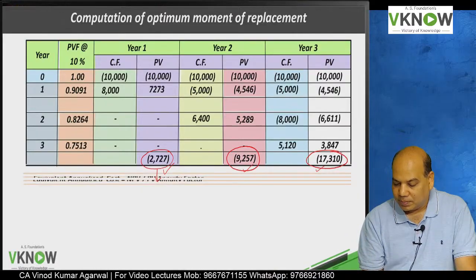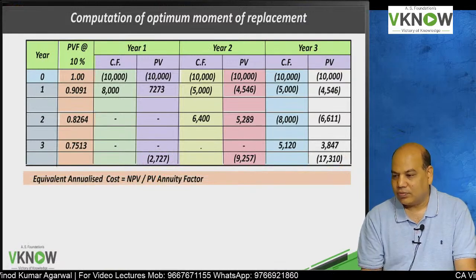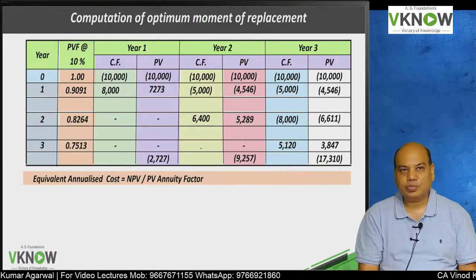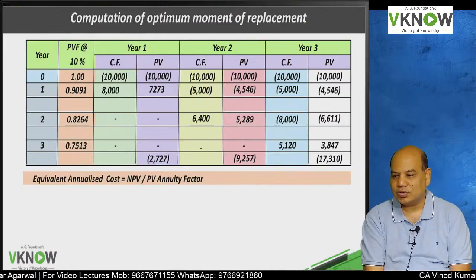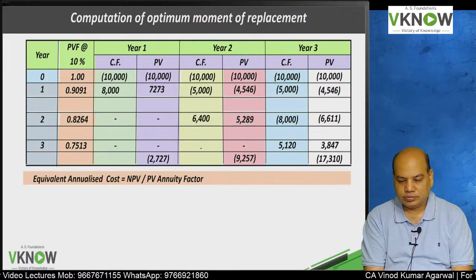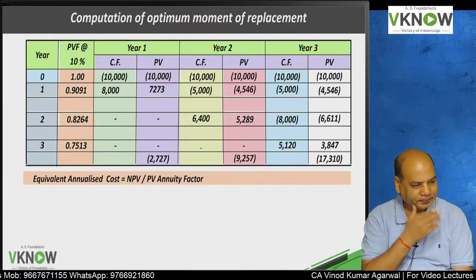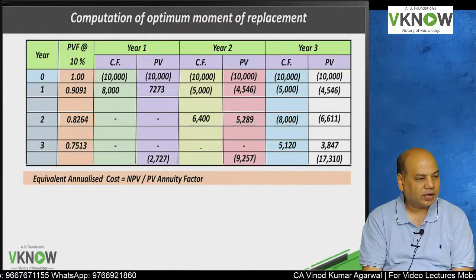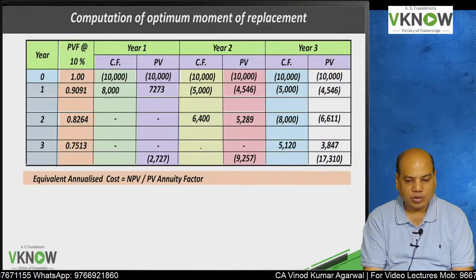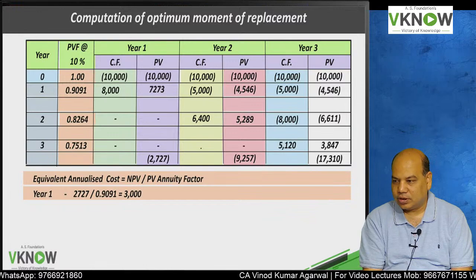So to make them comparable, I will compute equivalent annualized cost, because it's a cost minimization problem. So formula for equivalent annualized cost is NPV upon PV annuity factor. Under that write down year 1.